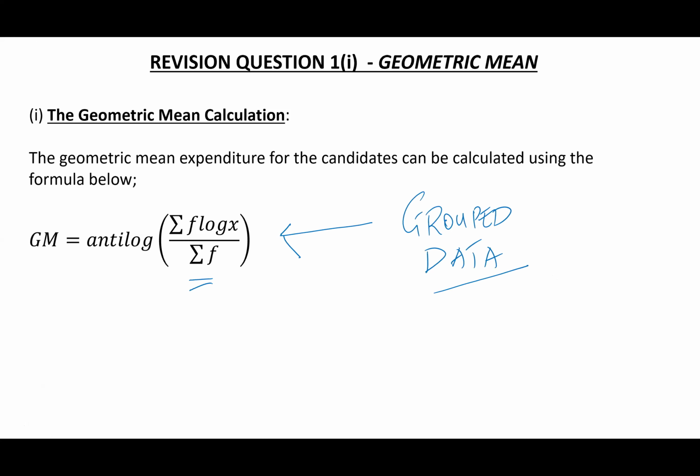What am I going to look for? I have to look for log of x. I have to look for the antilog. So what do I do? I present this in a tabular form.